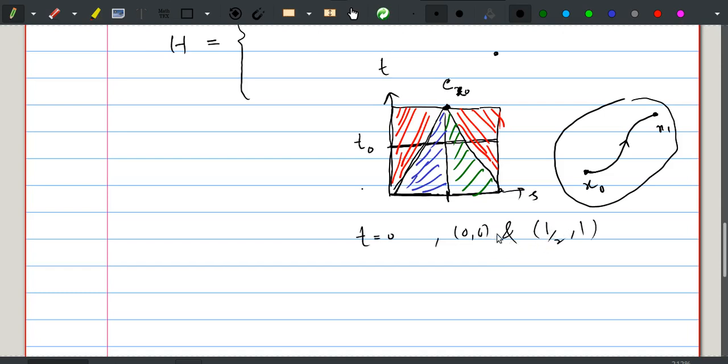The equation of the line joining these two points is simply t is equal to 2s, or s is equal to t by 2.